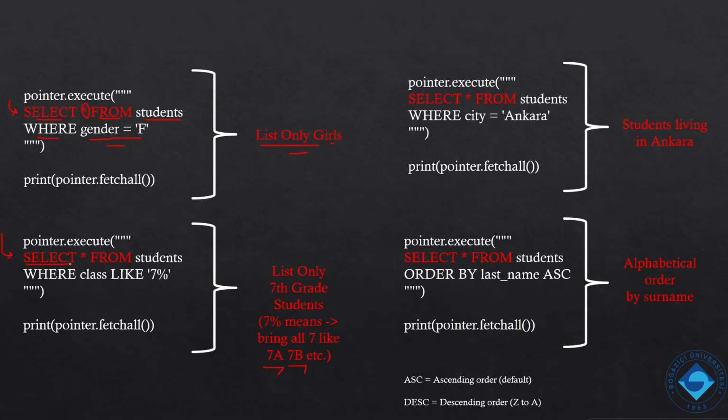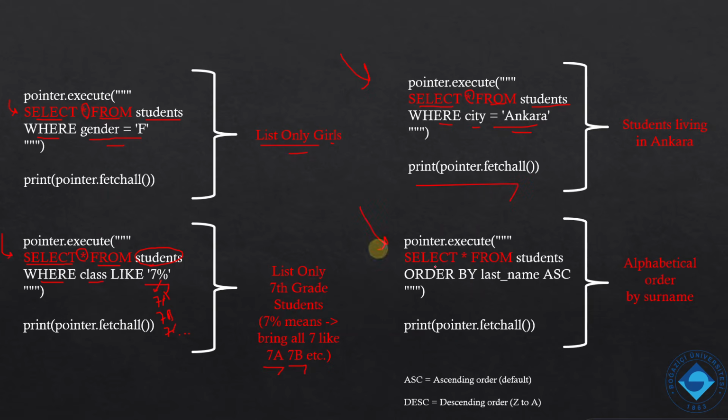Again, I will use select all from my students table where class like 7 and this percentage symbol. It means take all the 7s, 7A, 7B, 7C, and so on. In the third example here, we are going to choose students who are living in Ankara. Again, select all from my table where city equals Ankara. Then print it.